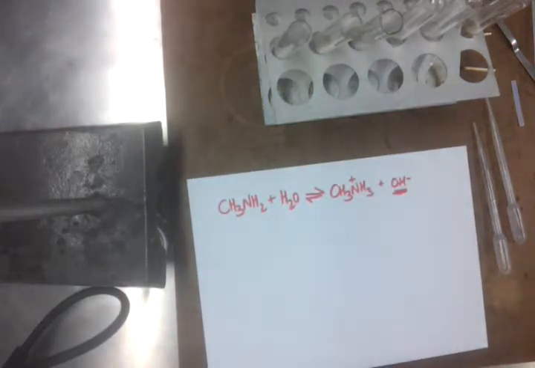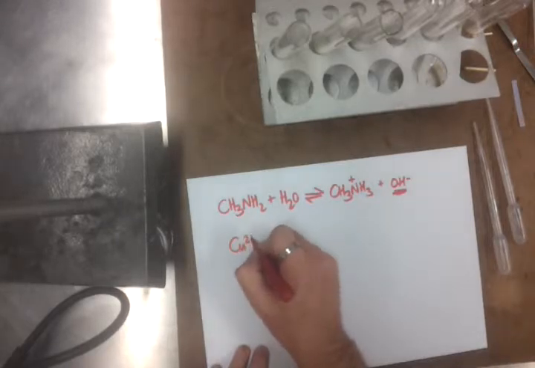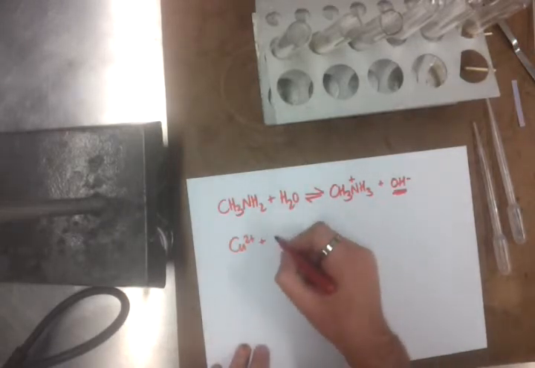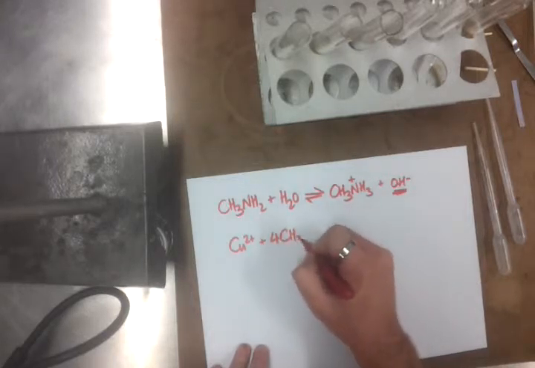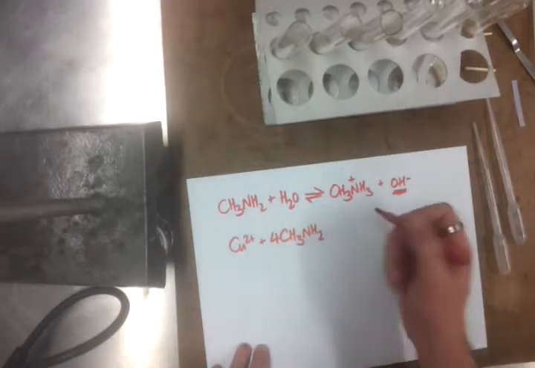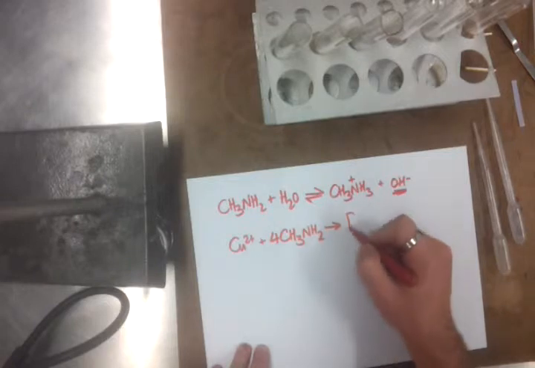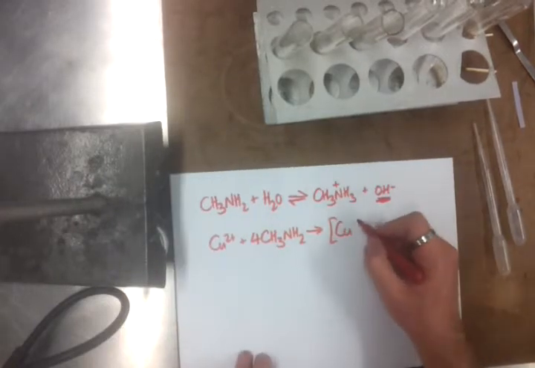This is a complex ion formation, just like we saw in our first unit this year. So what's happening here is that the copper, which is a 2+ ion, is reacting with 4 of our CH3NH2s and forming quite an in-depth complex ion.